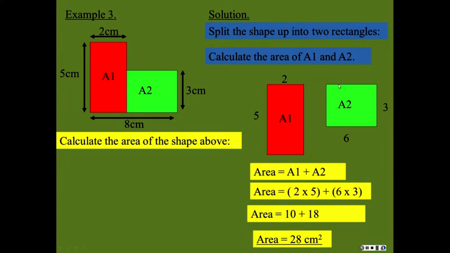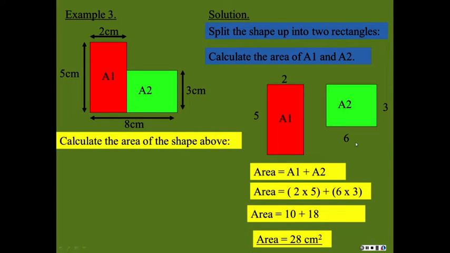First, we split the L shape into 2 different areas. We found the length and the width for the first area, which we got was 5 and 2. And we did the length and the width for area 2, which we discovered that the width is 3, but we had to calculate the length. And the length was 8 minus 2.